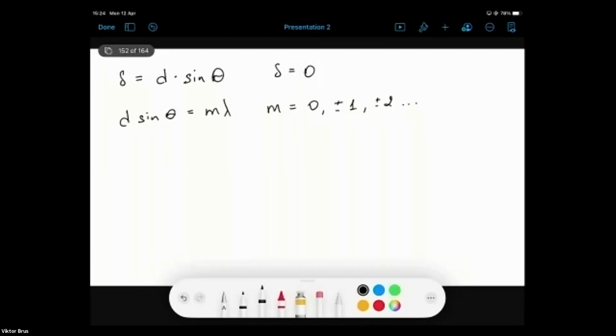So this m is called the order number, and the central bright fringe corresponds to theta equals 0.